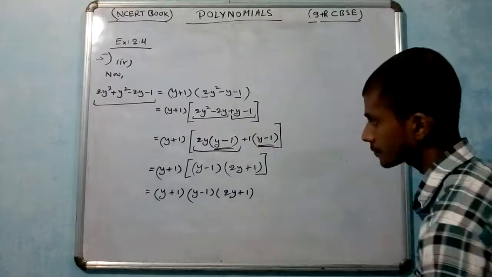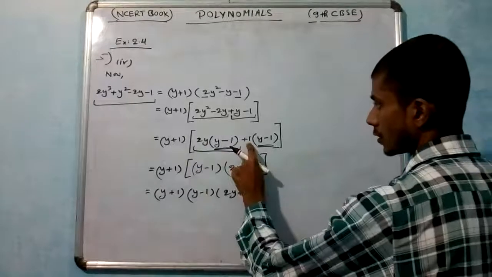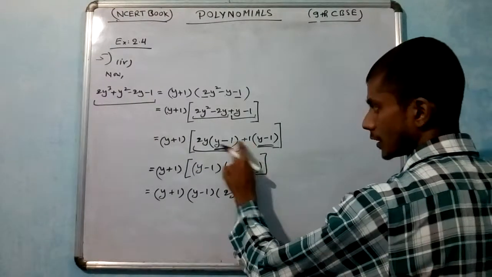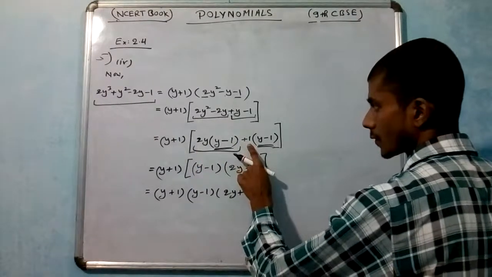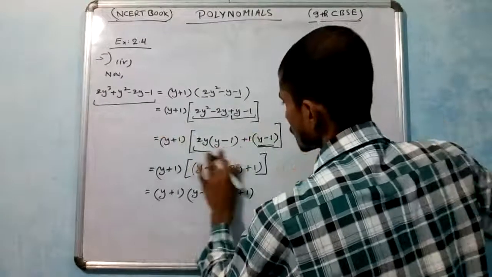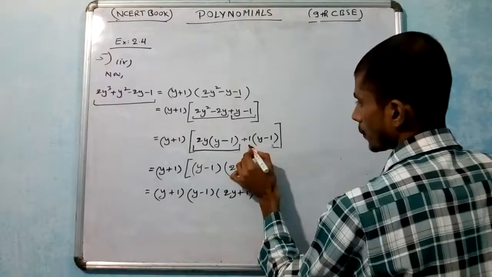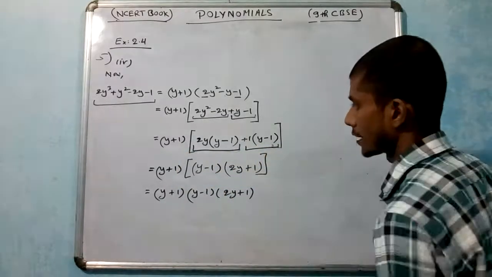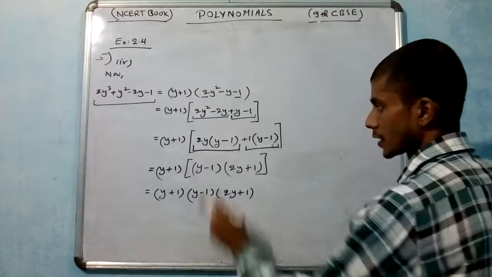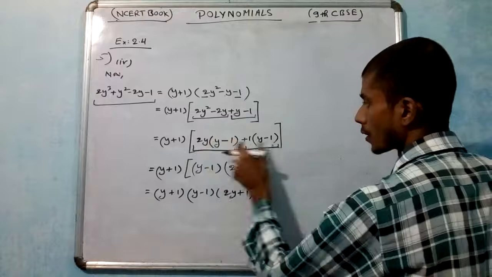Which 2y and 1? In this, you are asking where? This is considered as the complete first term, 2y, this one term, and plus 1 into y minus 1 as the second term. In this first term and the second term, what is common? Y minus 1 as a whole is common.